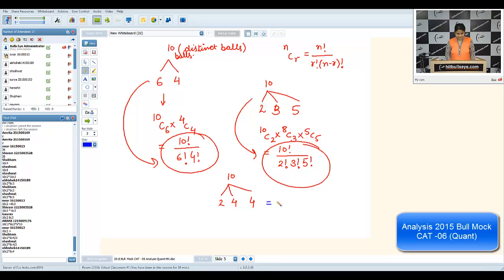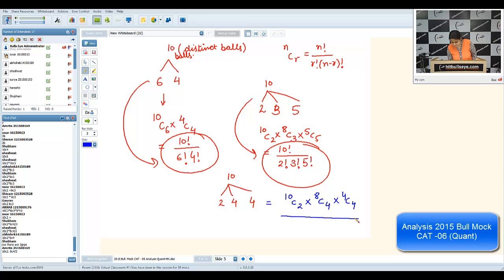Very good, Shashwat. Exactly, Shubham, because there are 2 groups of equal formation. That's why we are dividing by 2. So my answer will be not this, rather this. See what is the logic now.